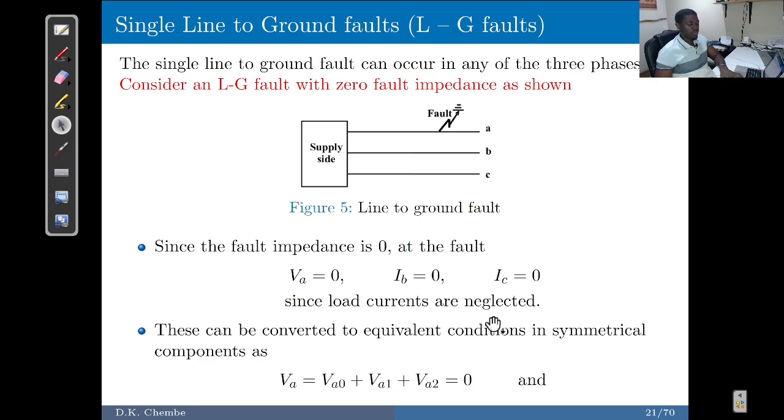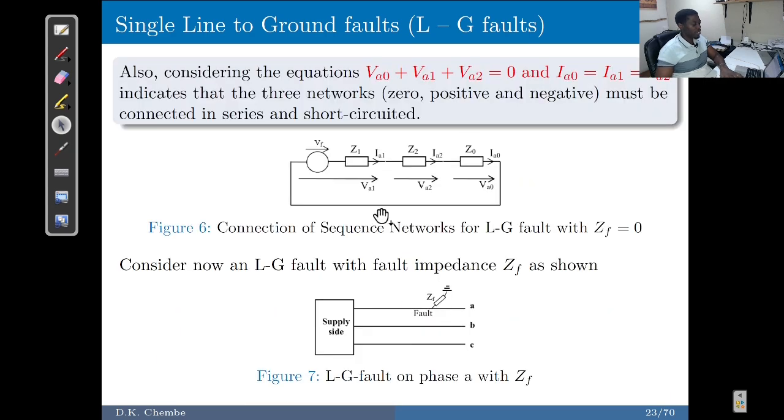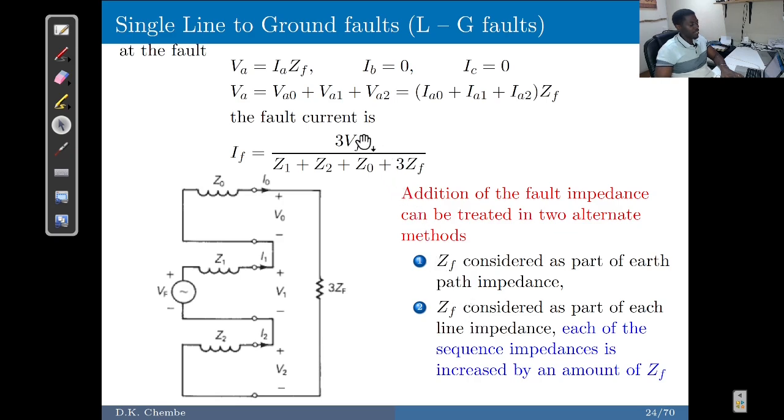So this is what we looked at last time, and we said that if we have a line to ground fault, what is going to happen is that we are going to have the sequence elements, positive, negative, and zero sequence networks, all connected in series. And if we add the ZF, which is the fault impedance, then this is the fault current that we are able to determine.